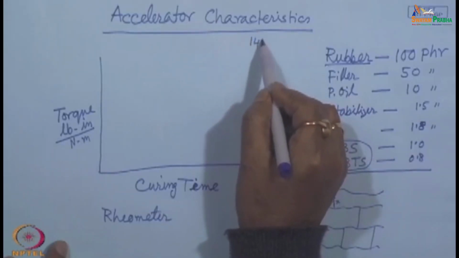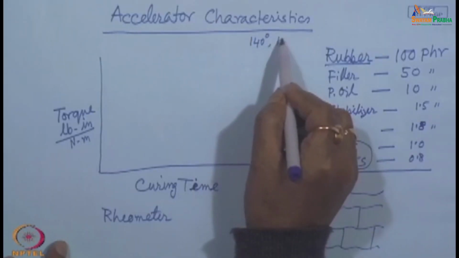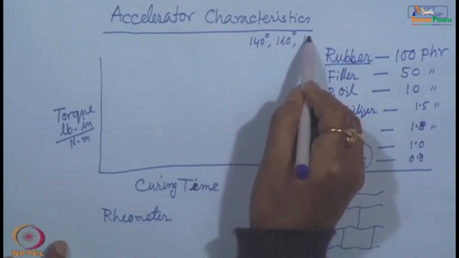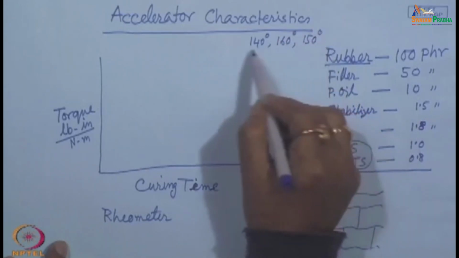The platens have a temperature controlled heating arrangement. That temperature is maintained at a vulcanization temperature of 140 degree Celsius or 160 degree Celsius or even 150 degree Celsius as per the requirement.